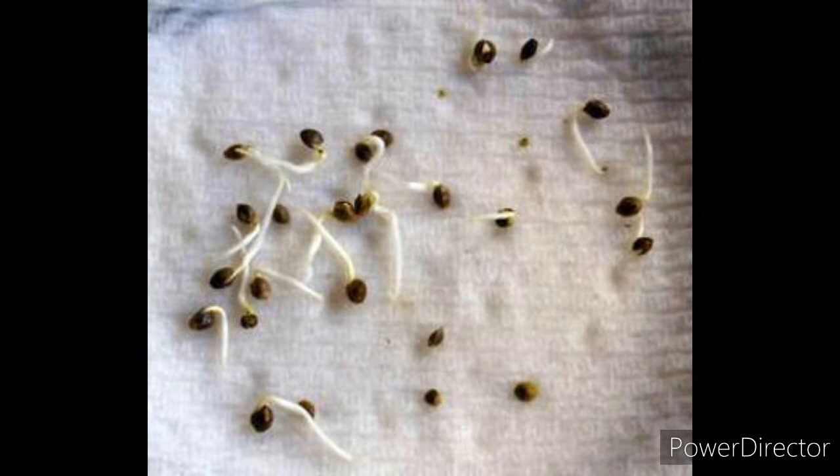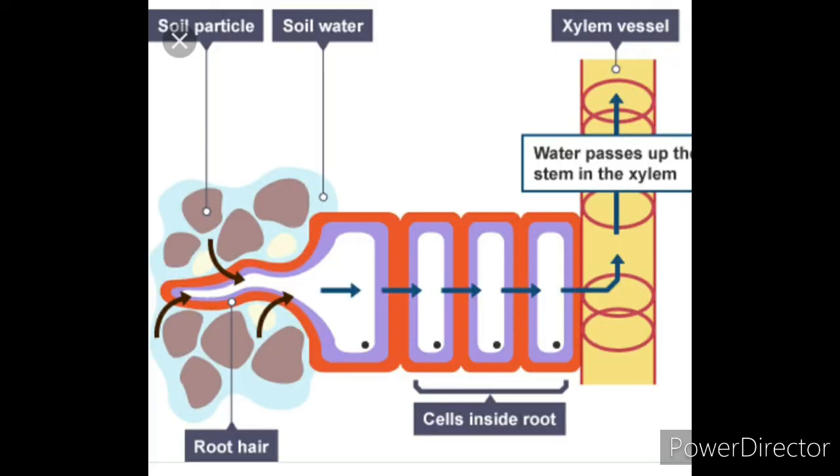Observe the mass of fine threads coming from the seeds with a hand lens. These are the root hairs through which water enters the plant. As the seeds germinate, we will see fine thread-like structures coming out from the root, and these are called root hairs, through which water enters the plant.